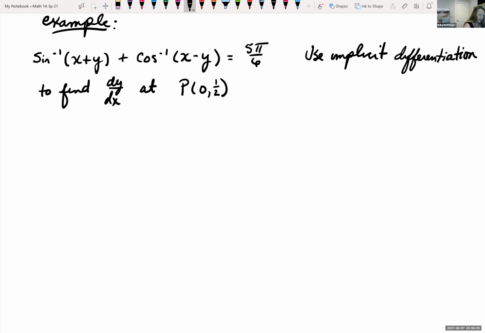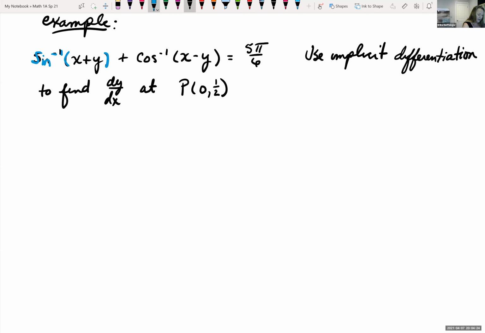And so I'm going to take the derivative of sine inverse of that quantity x plus y. We're going to have to use the chain rule here with implicit differentiation. So we're thinking of our outer function to be this sine inverse of this quantity.